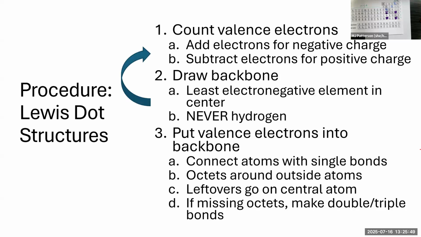So it doesn't matter if you count electrons first, or if you come up with the backbone of the molecule first. But 1 and 2 have to both be done before you can do step number 3. So the 3 big steps here, we count valence electrons, we come up with the backbone or how atoms are connected to each other. And then the 3rd step is we put those valence electrons into the backbone.